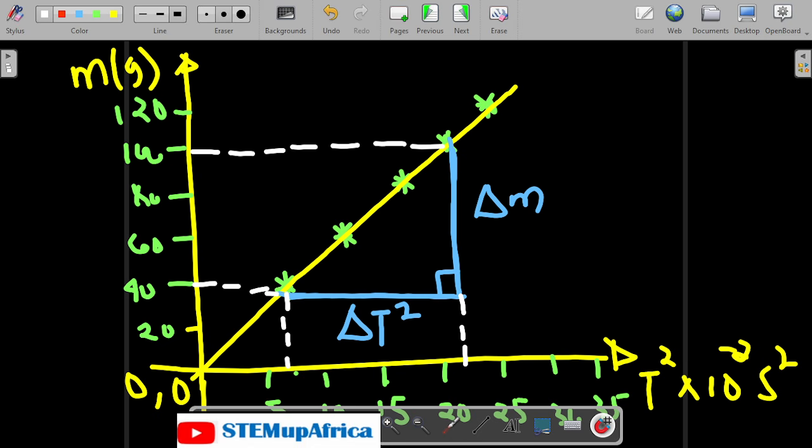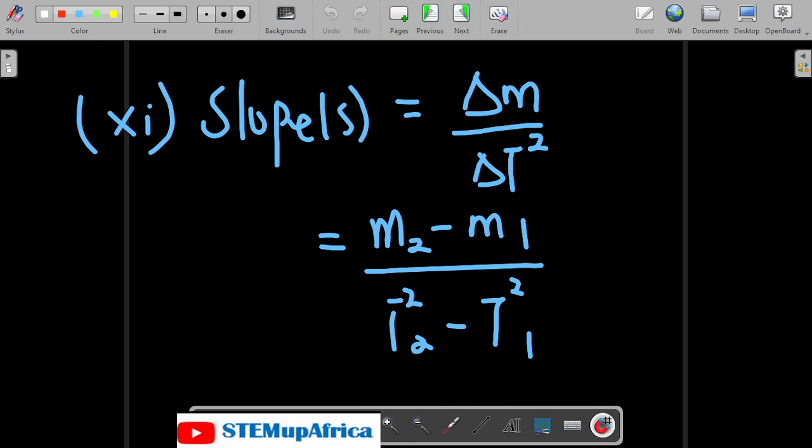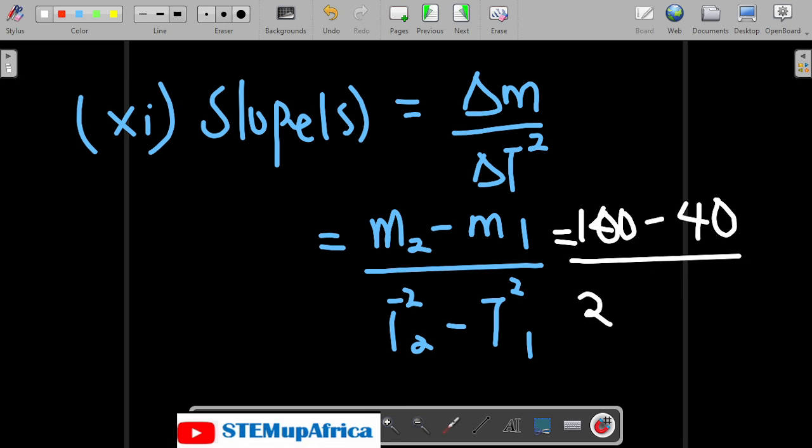So for the m, I'm having 100 minus 40 over, for the t squared, we're having 20 minus 8.1.